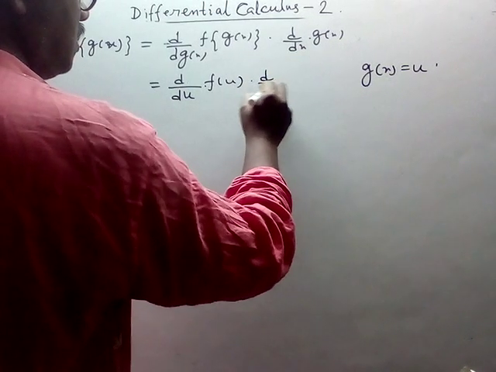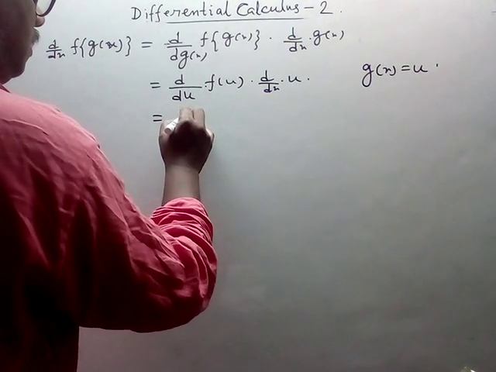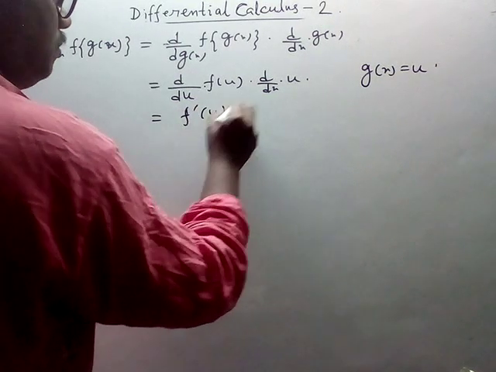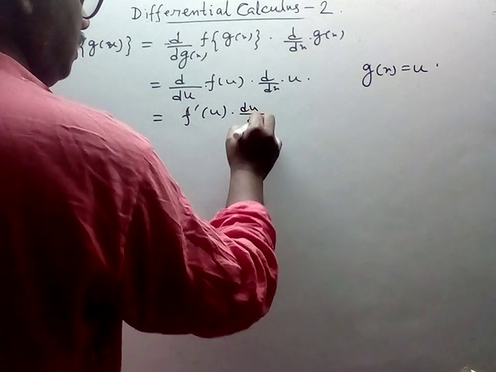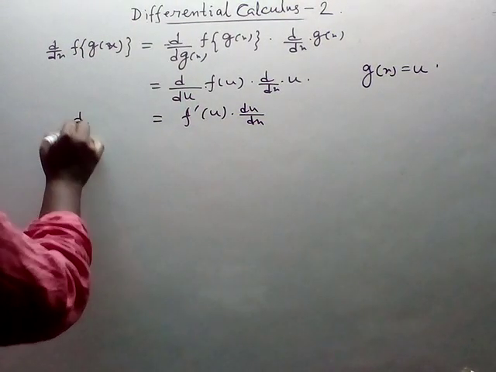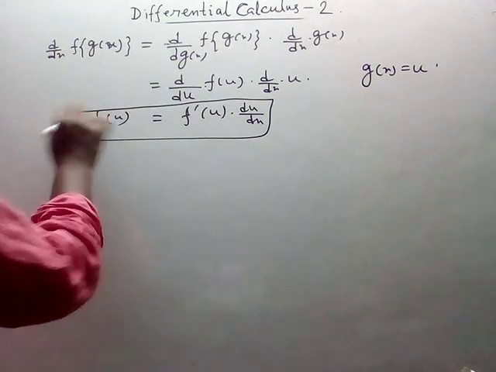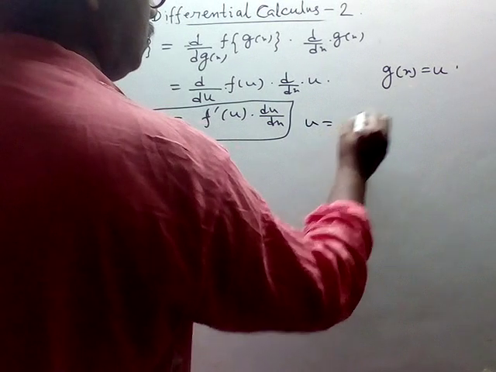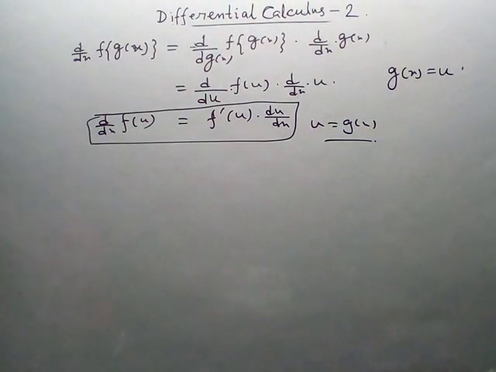This means d/dx of f(u), that is f dash u into du/dx. This is d/dx of f of u, where u is a function of x, u equals g(x). This is the chain rule.